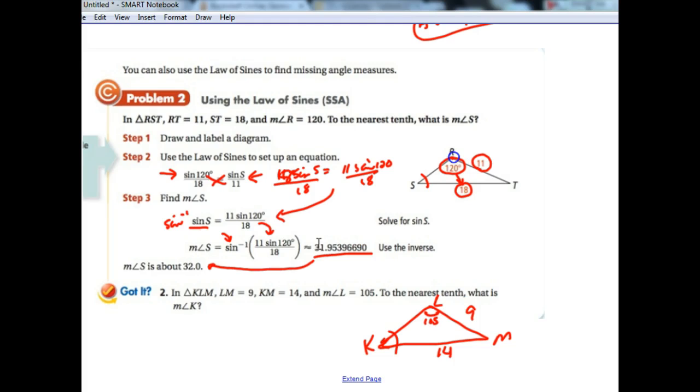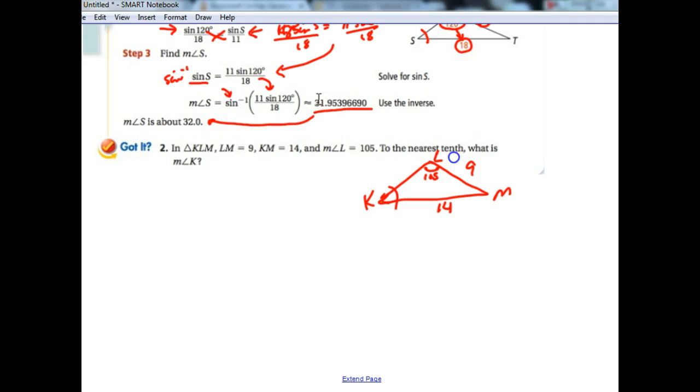Well, again, that's the exact same setup. In this particular problem, we're going to say the sine of 105 is to its opposite side, which is 14, as the sine of K is to its opposite side, which is 9.